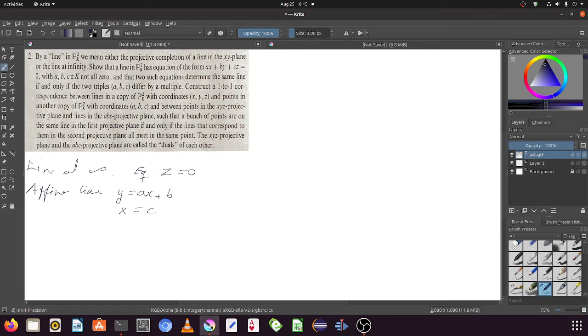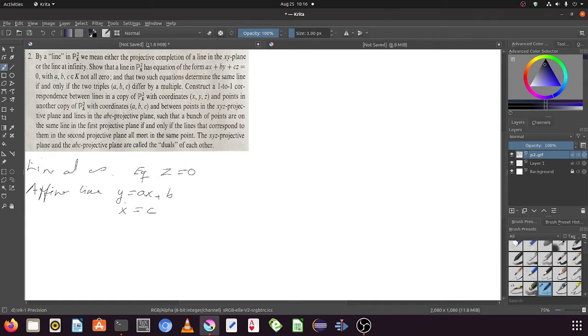And that can easily be written this way. So it does have this form, but then there is the point at infinity. Is that the completion of the line?